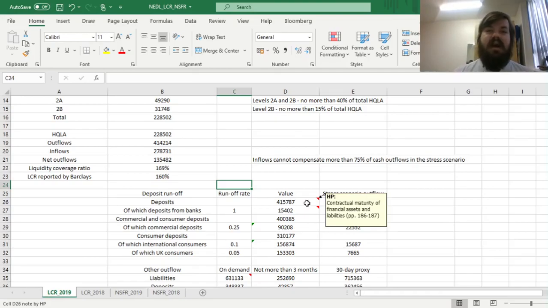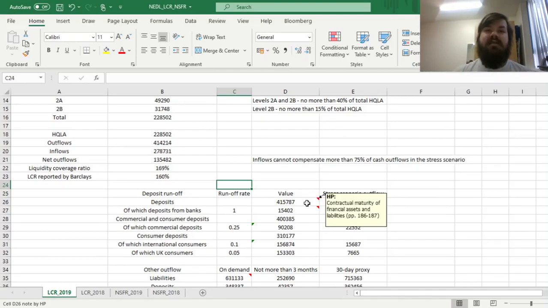It represents 415 billion pounds. And we need to break it down by currency and by the customer group. First of all, the deposits from financial institutions, monetary or otherwise, are assumed to be totally liquidated in the stress scenario, with the runoff rate being 1.